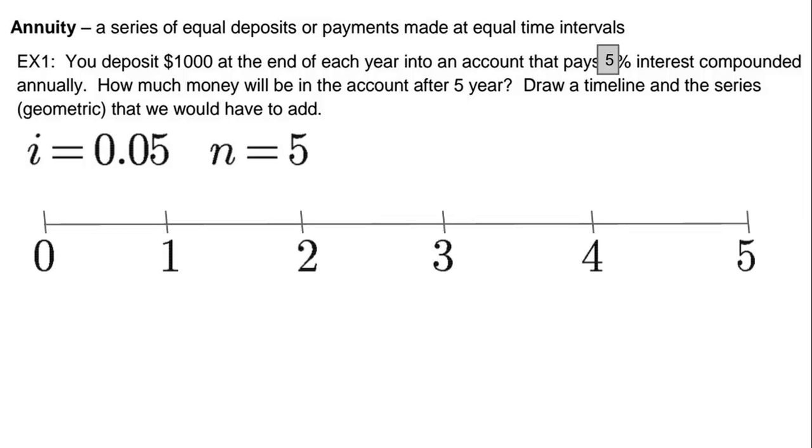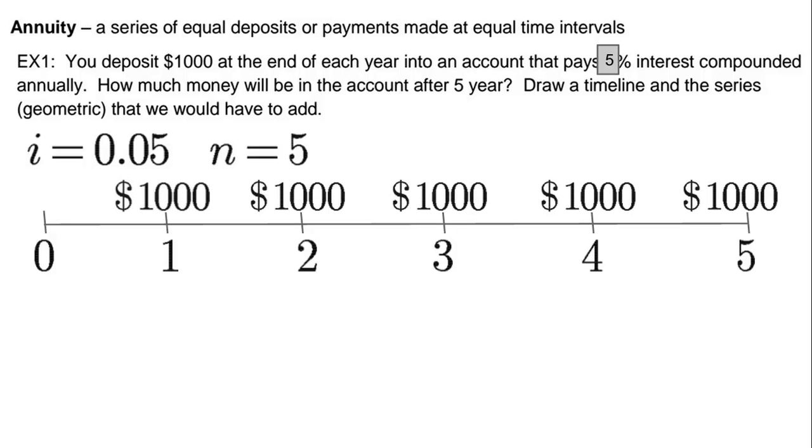Our timeline looks something like this: 0, 1, 2, 3, 4, 5, with $1,000 showing at the end of every year. This is what we're expecting when we ask for a timeline, just to show where the payments are and how many payments there are. So the first one's actually worth $1,000 times 1.05 to the 4.